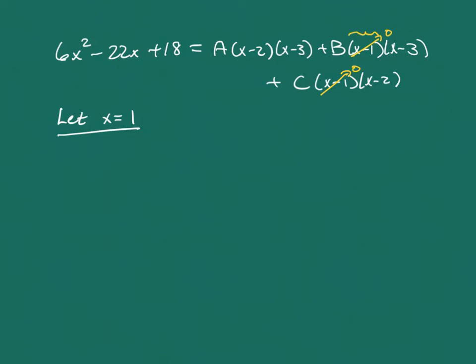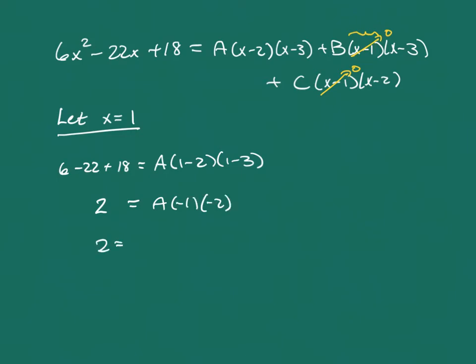So if I plug in 1 over on the left, what do I have? Well, 6 minus 22 plus 18. Then over on the right, I have a times 1 minus 2 and 1 minus 3. So I get 2 over on the left, and minus 1 times minus 2 over on the right, and so I get 2 is equal to 2 times a.